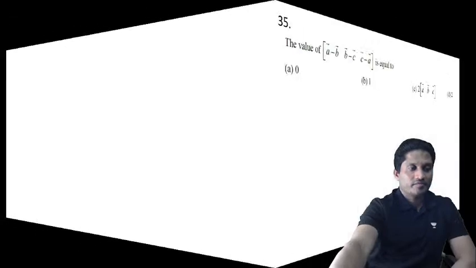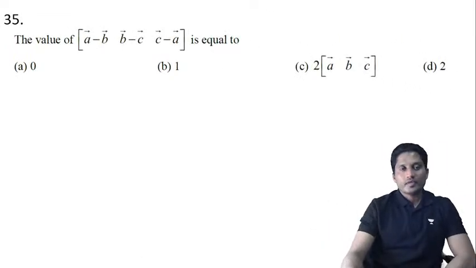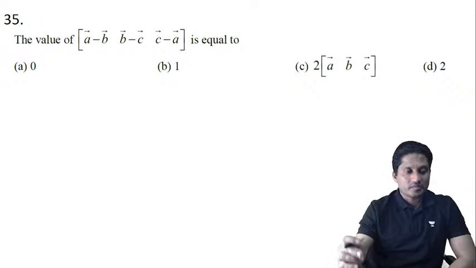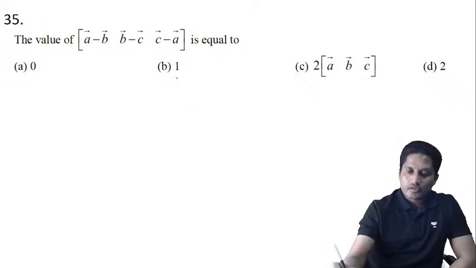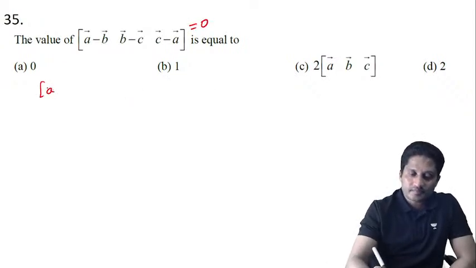Alright, question number 35. The box of A minus B, B minus C, C minus A is always equal to 0. Similarly, box of A plus B, B plus C, and C plus A is always equal to 2 times box of ABC.